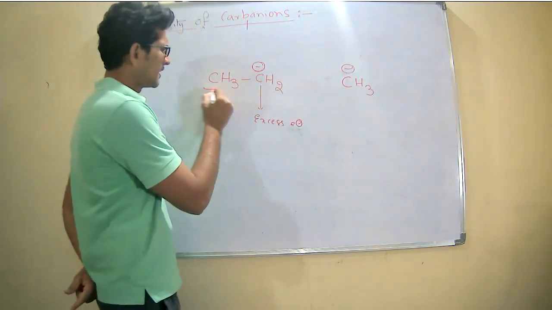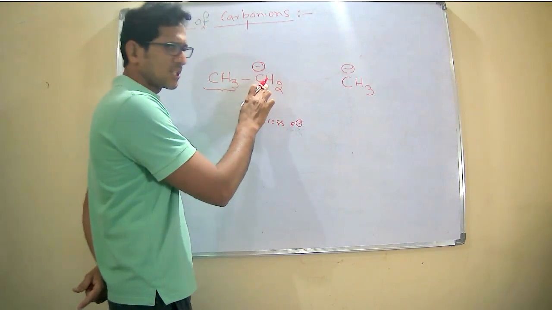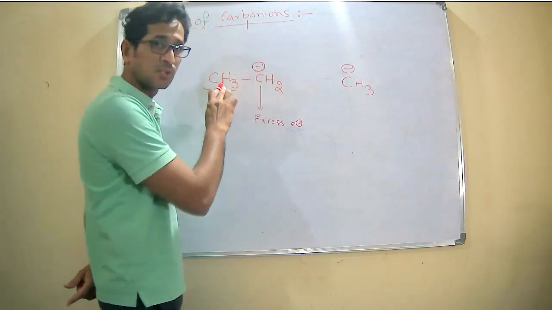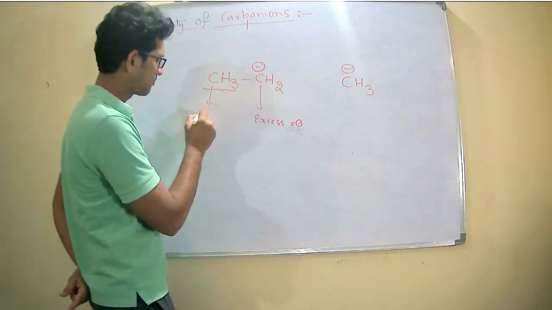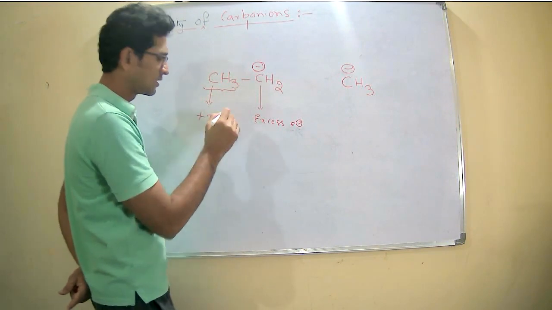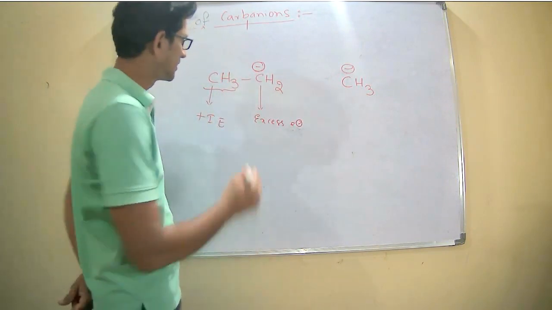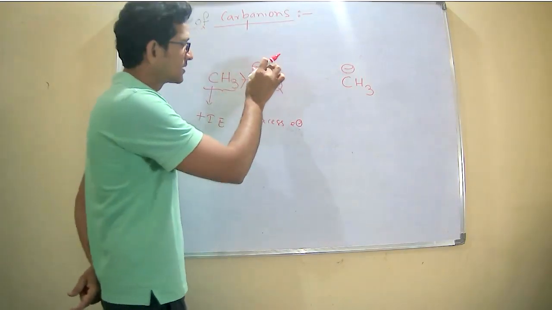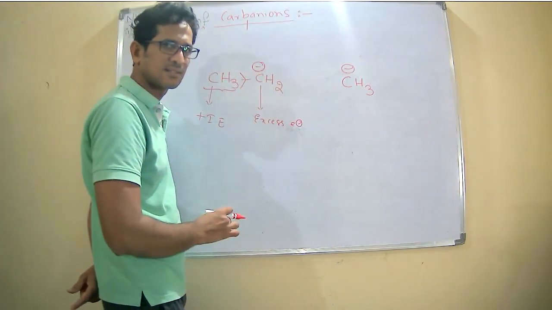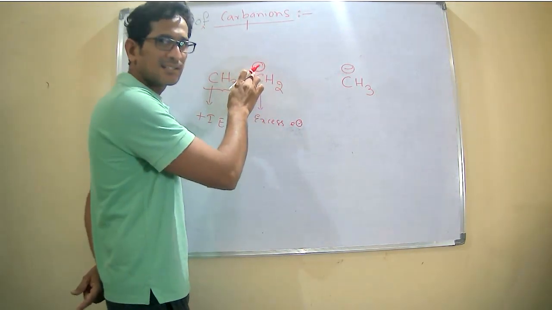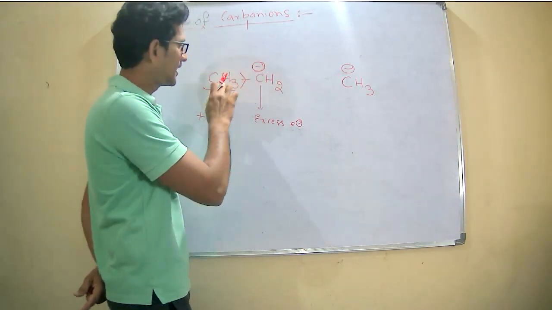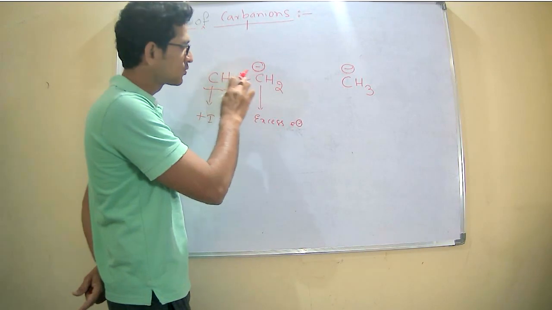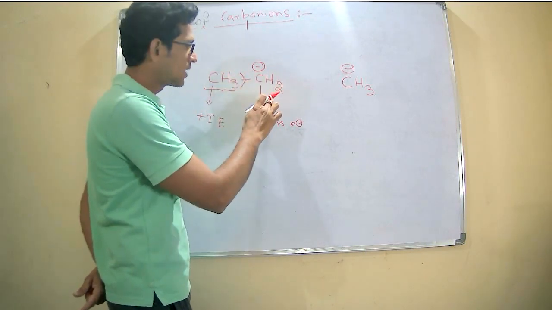But see here, in the first compound, the CH2 minus is directly attached to the methyl group, which has a plus inductive effect. Methyl donates electrons to the CH2 minus. Already there are excess electrons, and again it is contributing some electrons towards the CH2 minus. Then what happens?